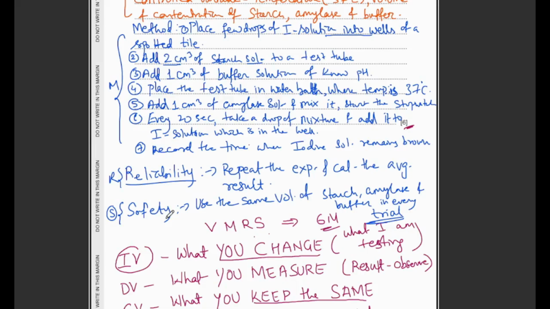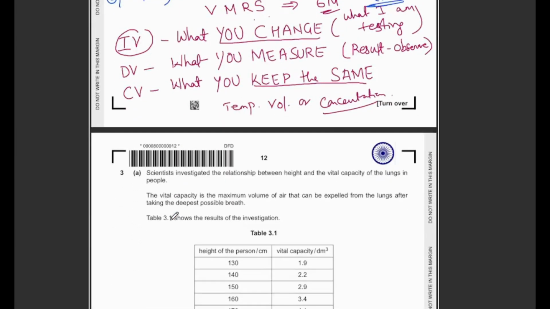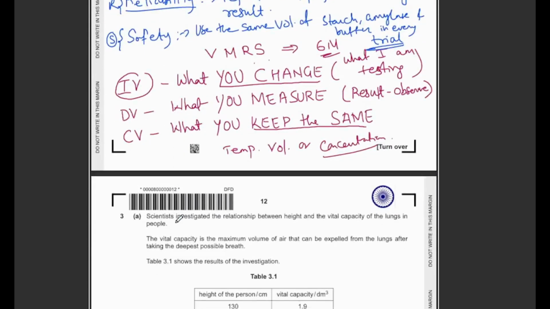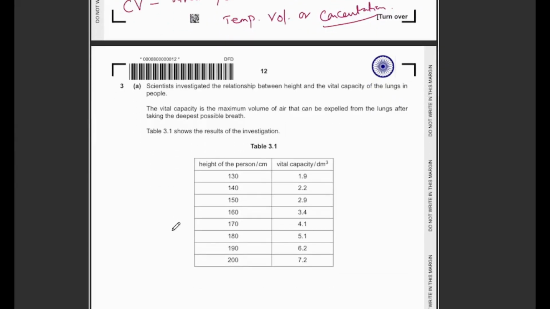Okay, I think that's clear here. All your doubts about variables, independent, dependent variables, controlled variables, fine, and how to go with the steps. Just follow the VMRS. Okay, next third question here.